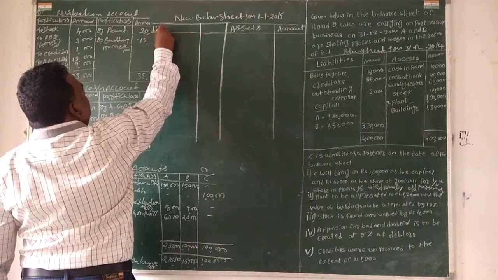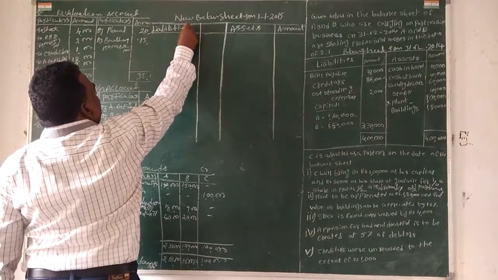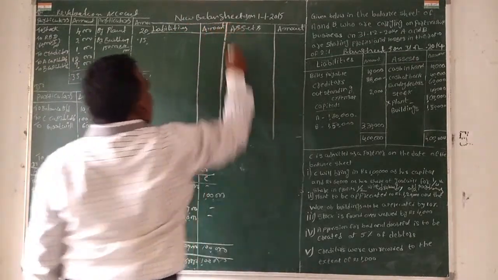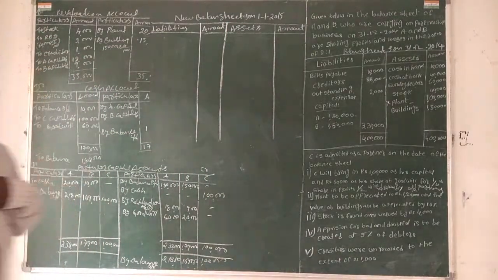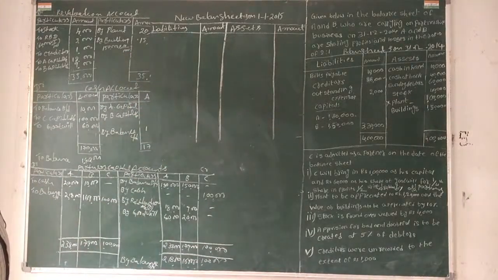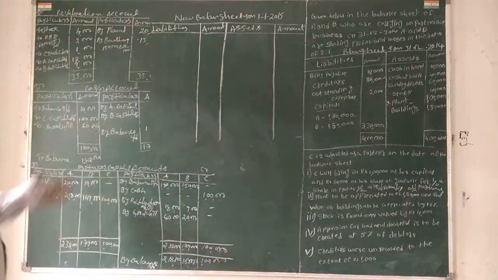Now cash in hand. Cash account has already been given: cash in hand 1,40,000.